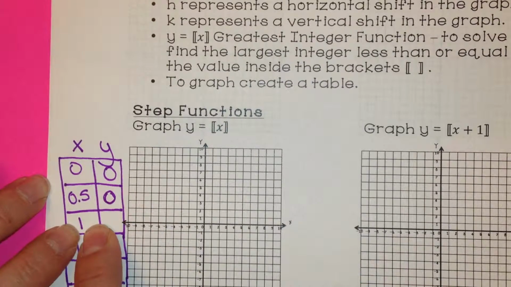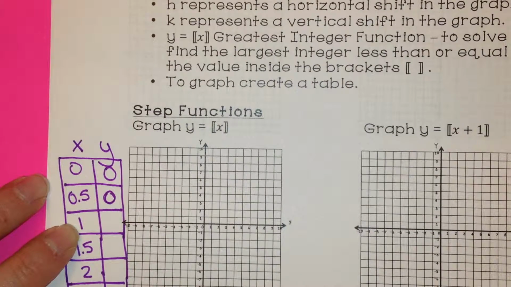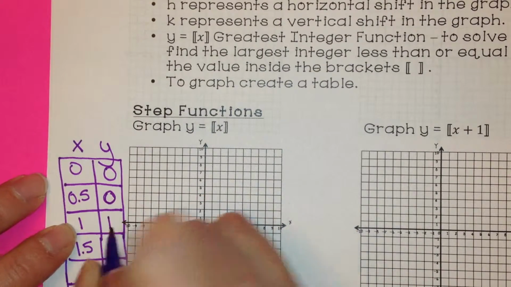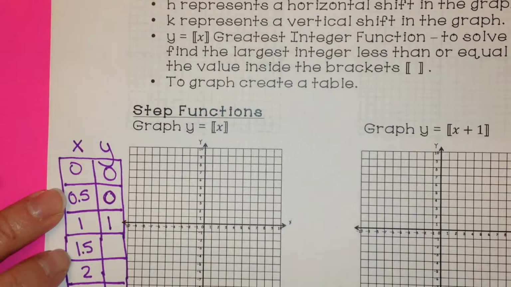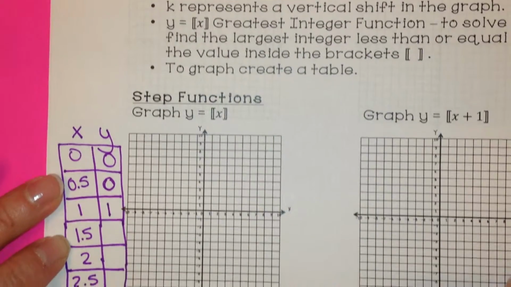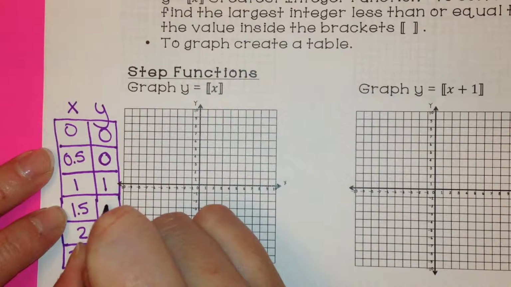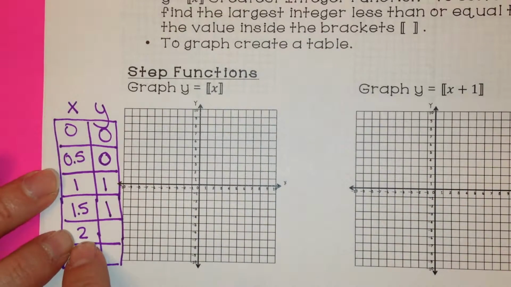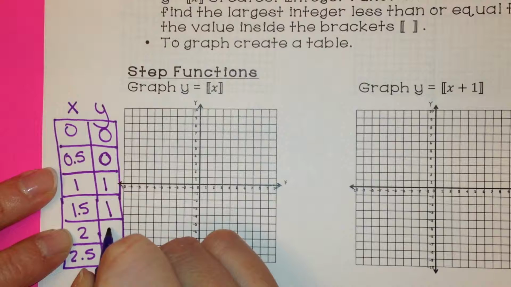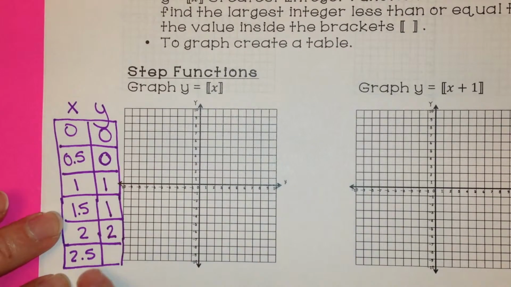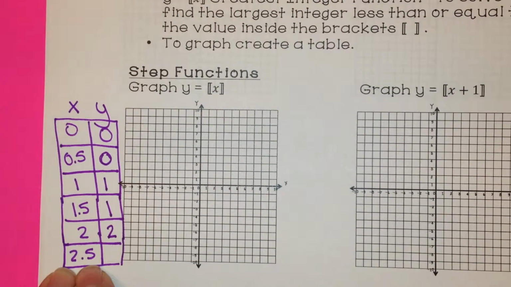Okay, so now we're going to move on to 1. Greatest integer of 1 is just 1, because 1's an integer. Greatest integer of 1.5. Well, the largest integer that is less than or equal to 1.5 is 1. Greatest integer of 2 is 2, because it is an integer. Greatest integer of 2.5. So the largest integer that is less than or equal to 2.5 is 2.